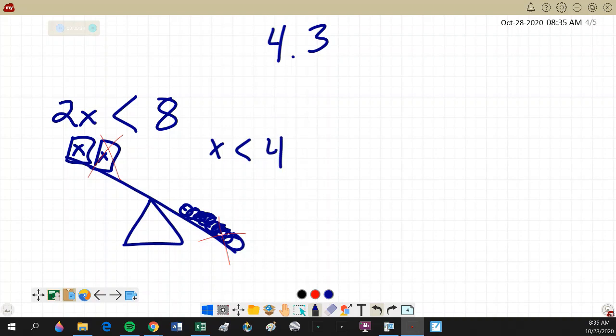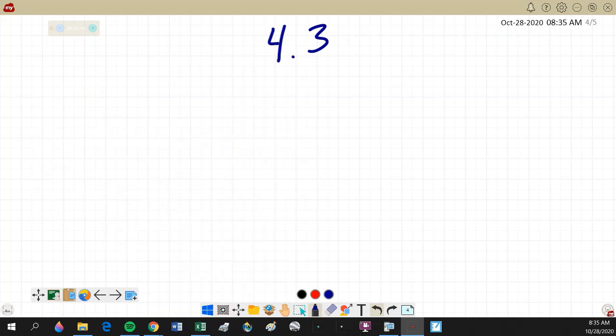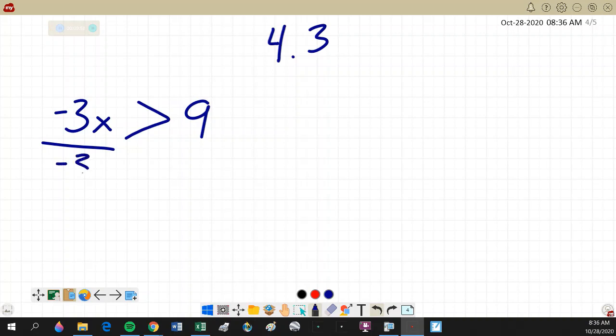Okay? Now, everything up to now has worked exactly like you think it's going to work. But we run into a problem when we do this. So, we divide by -3 and I get x is greater than -3.